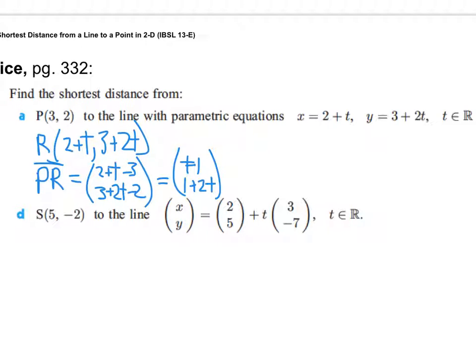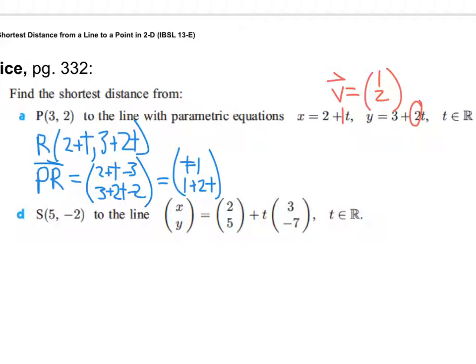So I've already done quite a few steps here. We found R, found the vector. Now, we need to find the dot product between PR and the velocity vector. What is the velocity vector in this set of parametric equations? 1, 2. That 1 and 2.